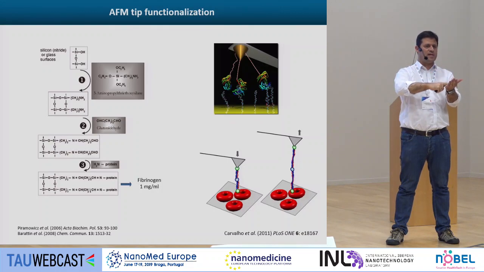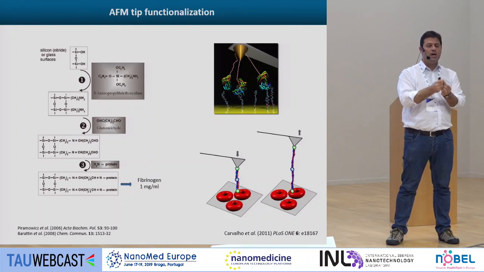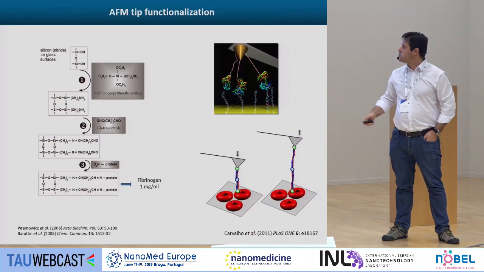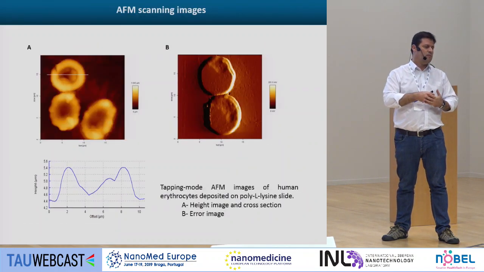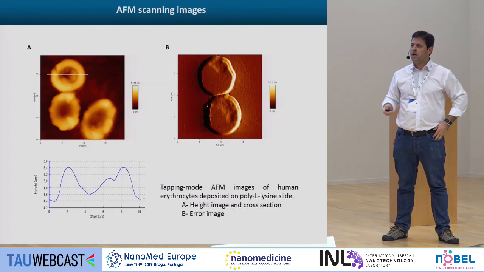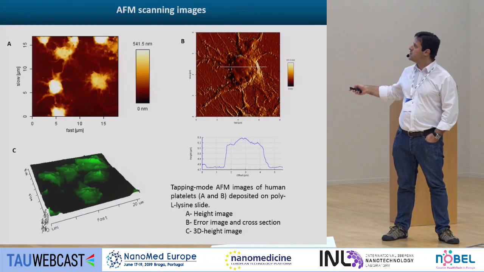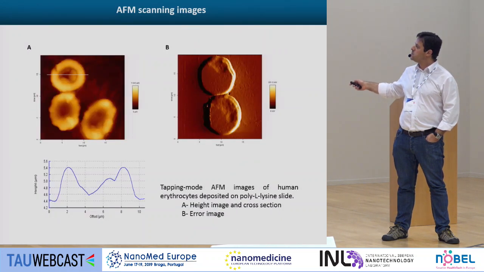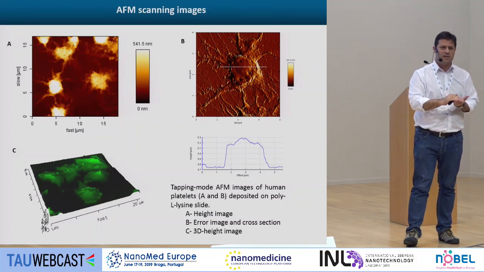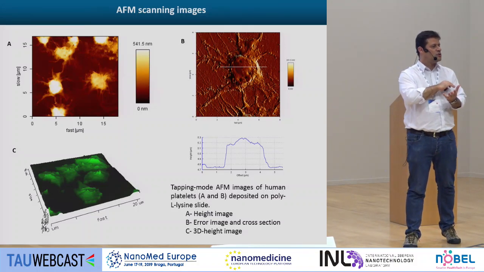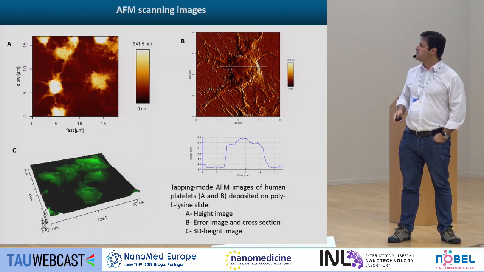So when we tap on the surface and the binding occurs, we pull and we measure the force necessary to break the bond at the single molecule level. And we can do this in buffer, in close to physiological conditions, in medium, and we do this with either the erythrocytes or the platelets just lightly attached to a polylysine-treated glass slide in order for them not to be floating around.